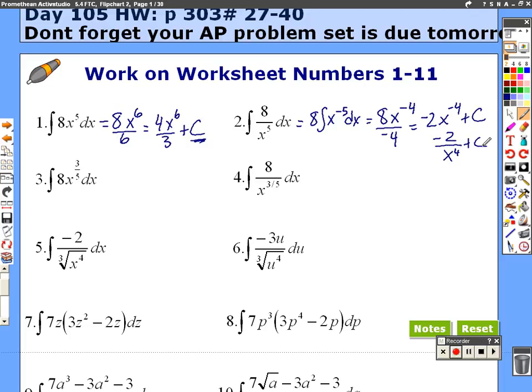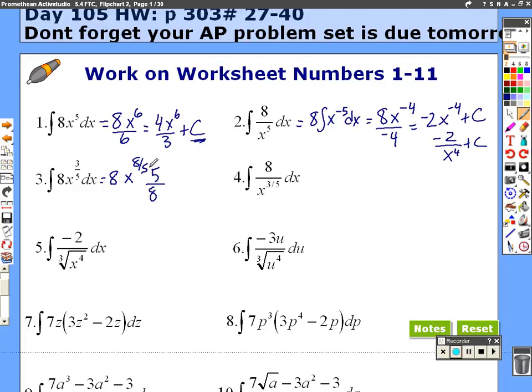All right, number 3. Keep our 8. Once again, our power goes up by 1. So 3/5 plus 5/5, which is 1, is going to be 8/5. Now I'm dividing by 8/5. If you divide by a fraction, you multiply by the reciprocal, and the reciprocal of 8/5 is 5 over 8.